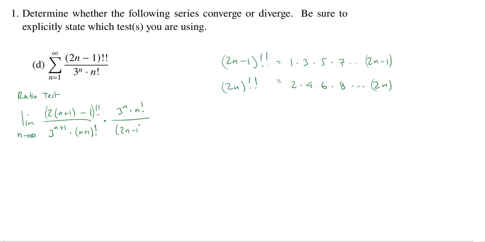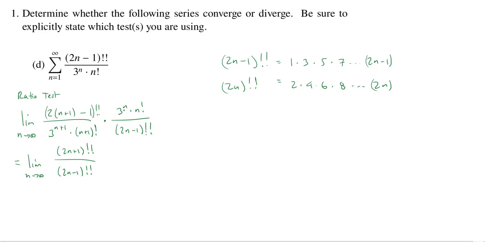Over 2n minus 1 double factorial. Okay, well, we can do some cleanup here. So first thing, this 2n plus 1 minus 1, okay, that's just going to be the same as 2n plus 2 minus 1, which is 2n plus 1. So I have 2n plus 1 double factorial. And let me just combine that here with the 2n minus 1 double factorial.